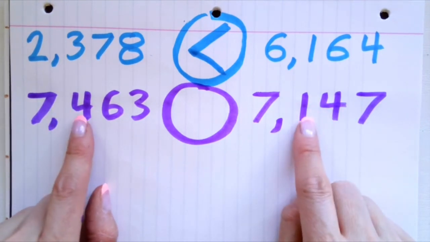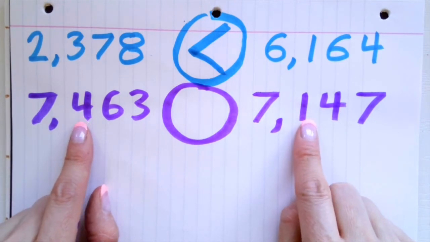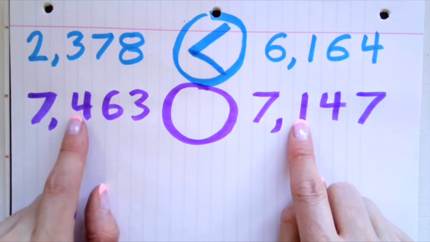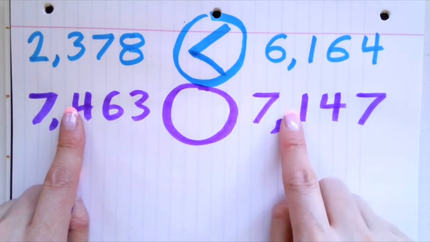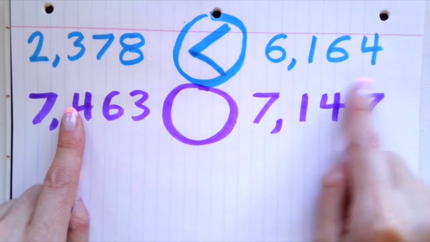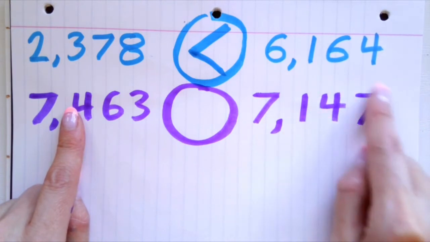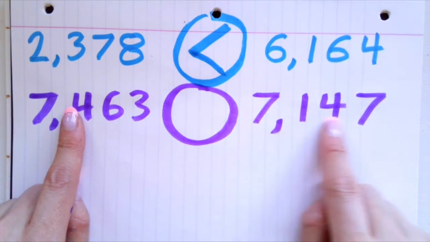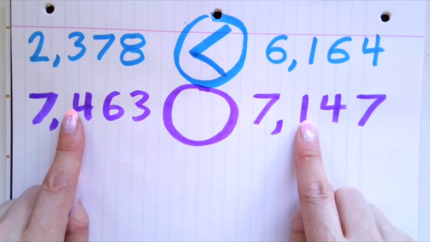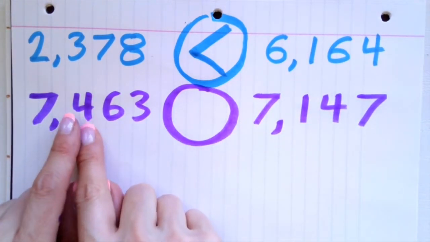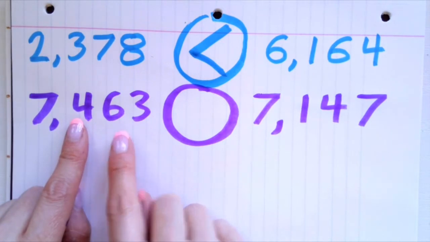Are the hundreds the same digit? They are different digits. This one has 4 hundreds, and this one has 100. No matter how many tens and ones we put with 100, it's still going to be less than 200, which means it's definitely less than 463.